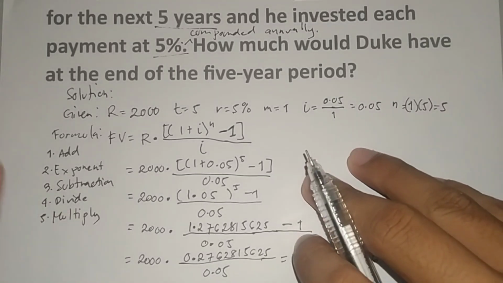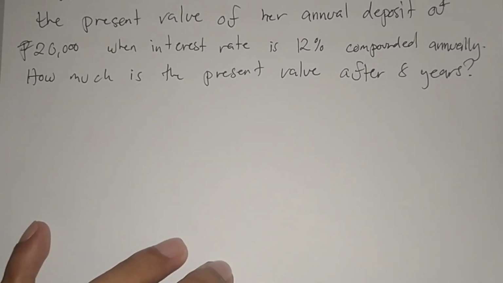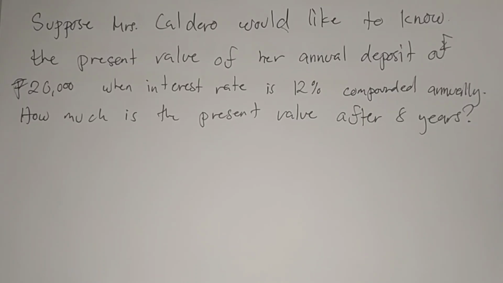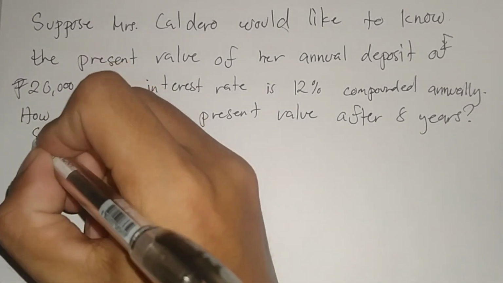Next, suppose Mrs. Caldero would like to know the present value of her annual deposit of 20,000 pesos when the interest rate is 12% compounded annually. How much is the present value after 8 years? Okay, so again, the first thing we need to do is write the given.